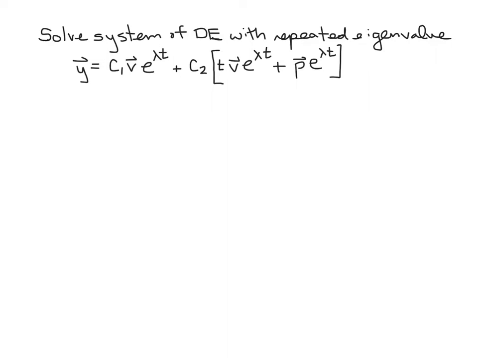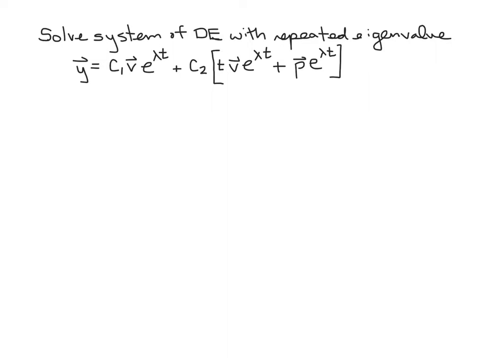So let me give you a bit of a reason why we need this other vector in there. Imagine that you've got your initial condition where t is equal to 0. When you plug that in, t equal to 0 takes out this term. So if that is taken out and that other vector and term is not there, then it's impossible to solve for C2.